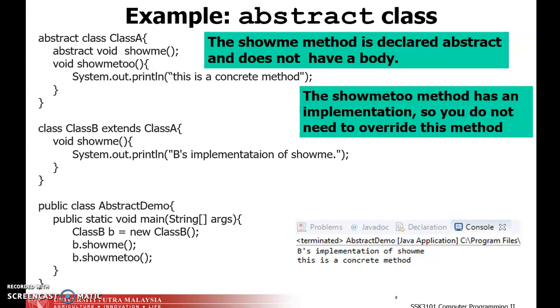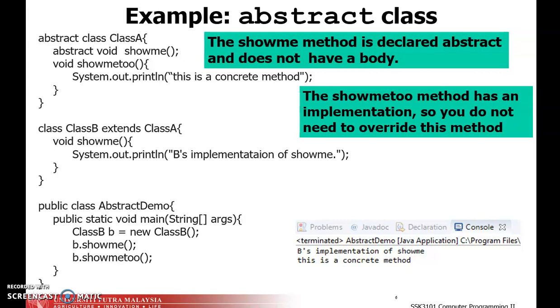The method showMe will print out B implementation of showMe. Hoping that you are clear at this stage. Now we move to the main method. It is very clear that we are creating a new object for class B named b. Then we use this b object to invoke the showMe method that is implemented in class B. The next statement will invoke the showMe2 method that is implemented in class A.